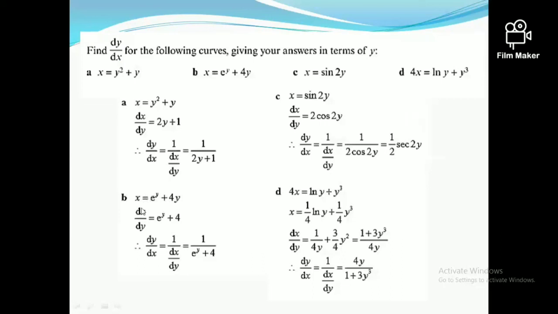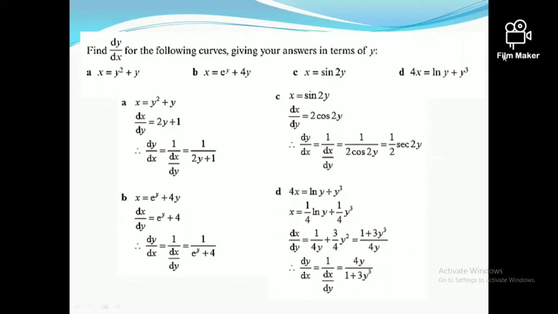If you differentiate for dx by dy, e to the y differentiation is e to the y. Later on, you will understand the differentiation of the exponential function would be the same thing itself, right? 4y differentiation is 4, right? Then dy by dx is 1 over dx by dy, that is 1 over e to the power y plus 4, would be the answer, right?